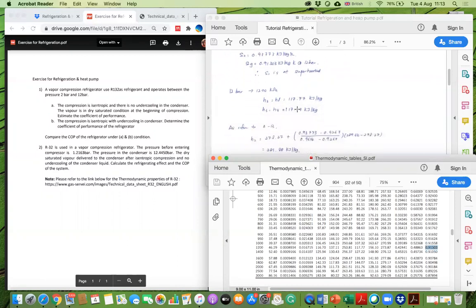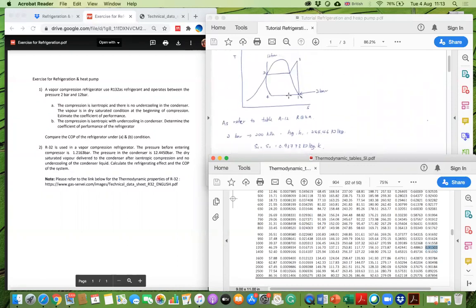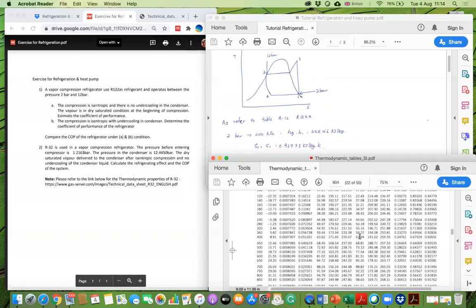Okay, so then we refer to H3. Points 1 and 3 are the easiest because they are located at the saturated curve. So you just refer to 12 bar, 1200 kilopascal, Hf, in this column.